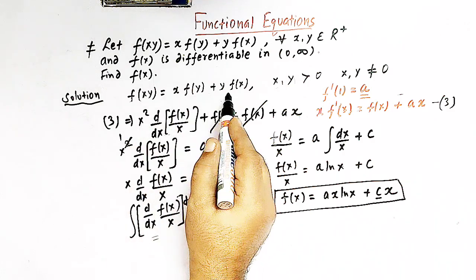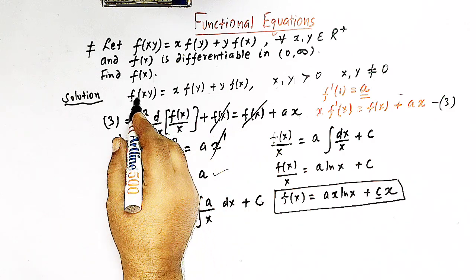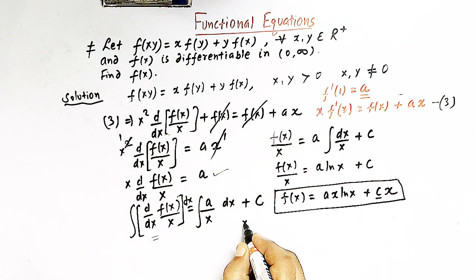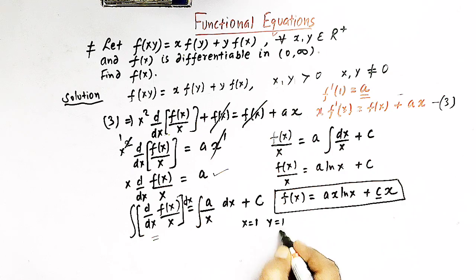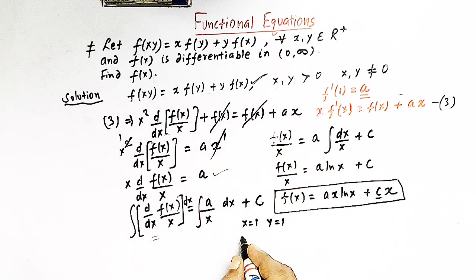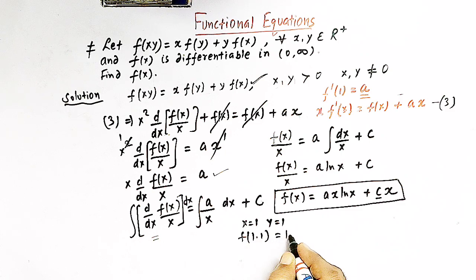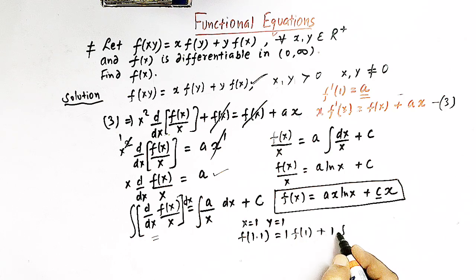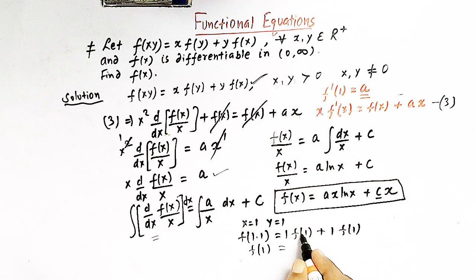So from the given functional equation, we can write, if we take x is equal to 1 and y is equal to 1 in this equation, then we have f(1 times 1), then we have 1 f(1), and then we have 1 f(1). So this is simply f(1), this is f(1), and this is also f(1).